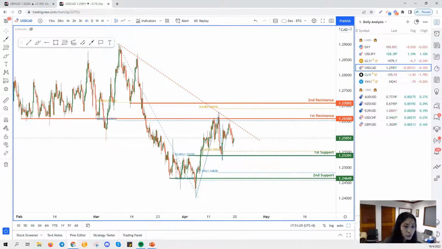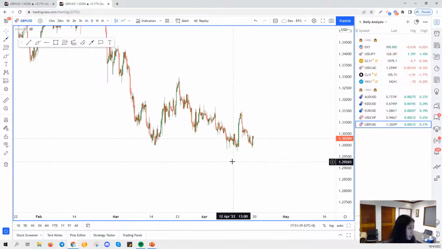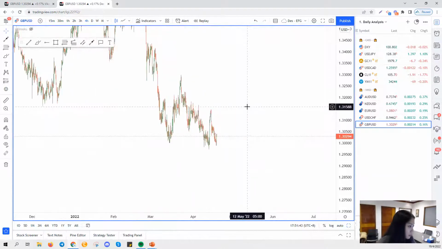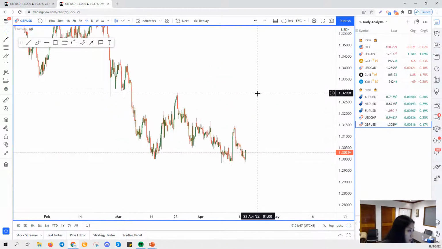Okay, never mind. Let's look at the British pound dollar. For pound dollar, okay, let's work on this.